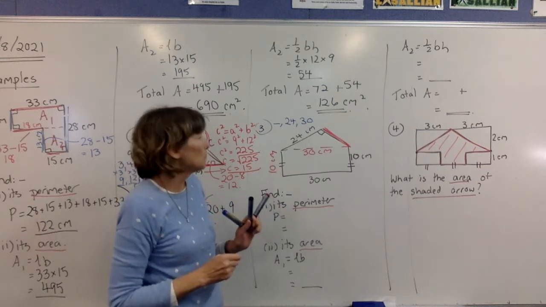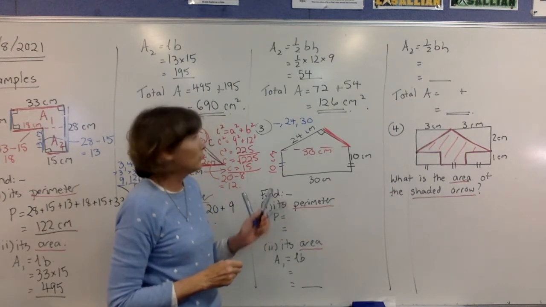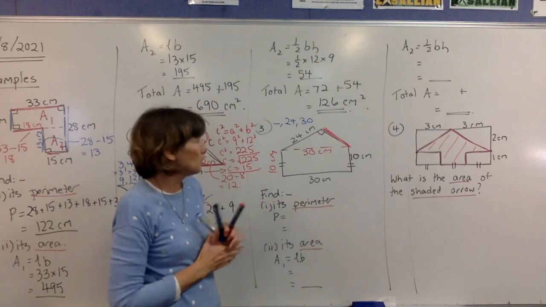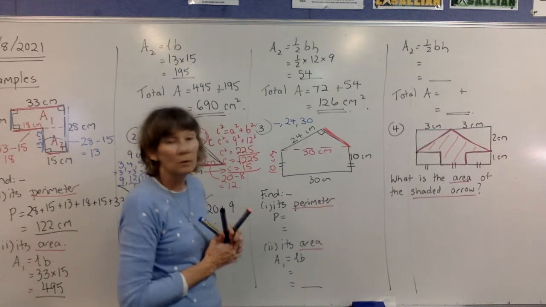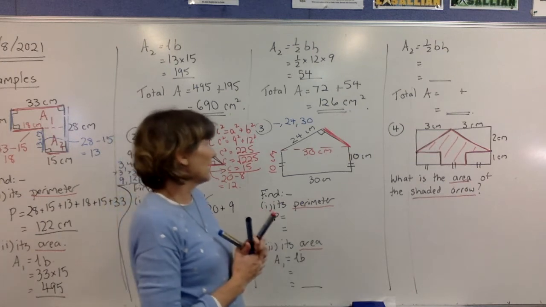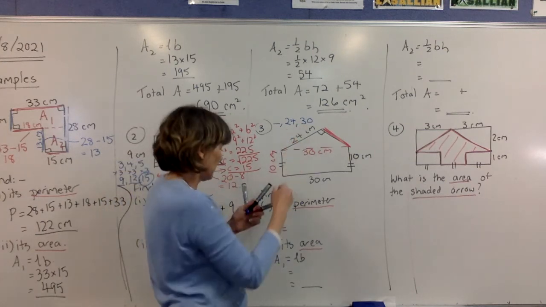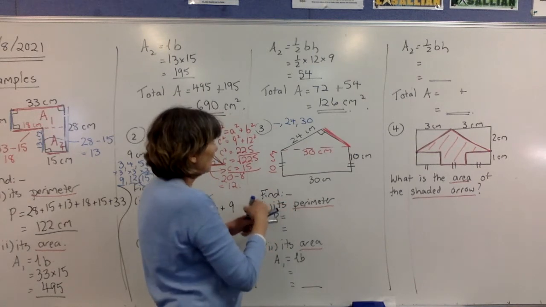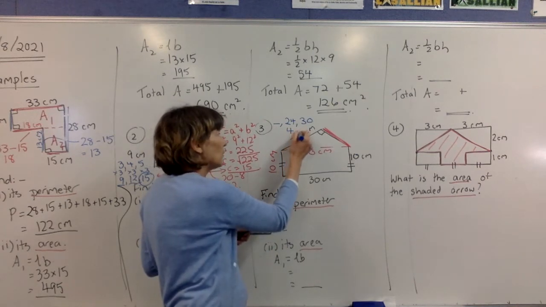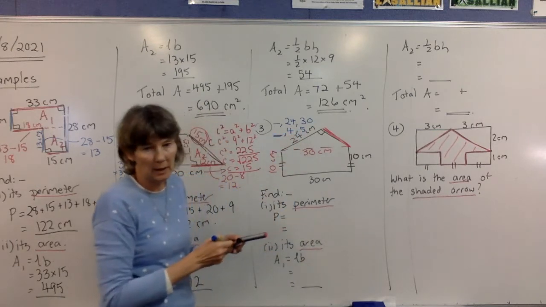Those two are multiples of 2. They're multiples of 3, both of them. You've got to look for things they're both multiples of. And they're multiples of 6. 6 is the highest one that I can think of that goes into both of them. So if we divide by 6 and divide by 6, that will give me a 4 and that will give me a 5.